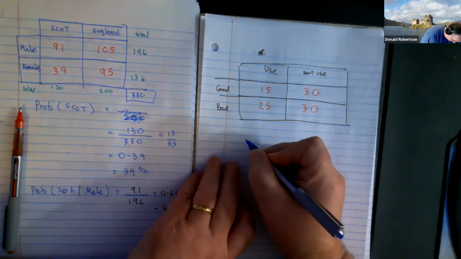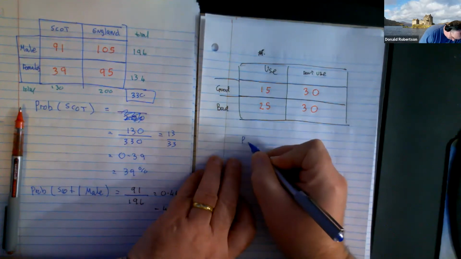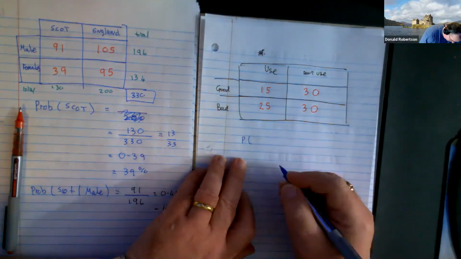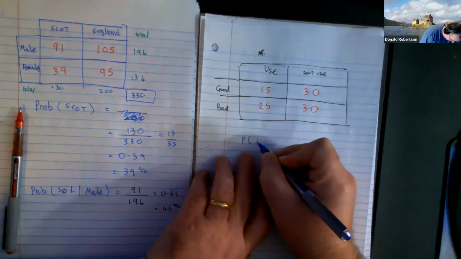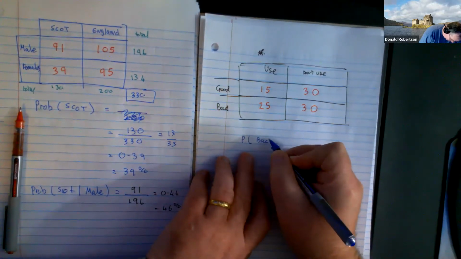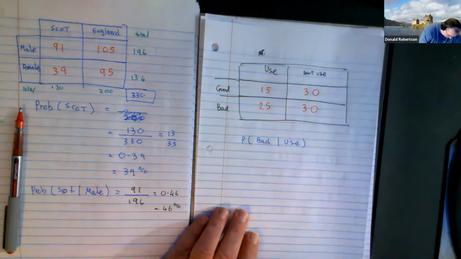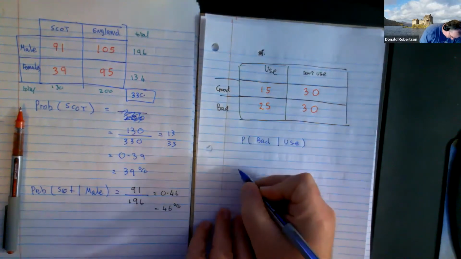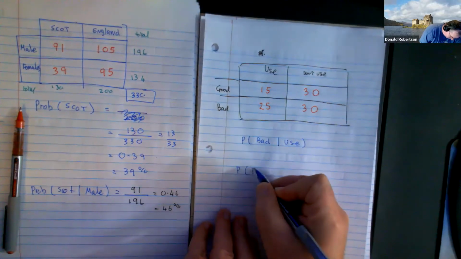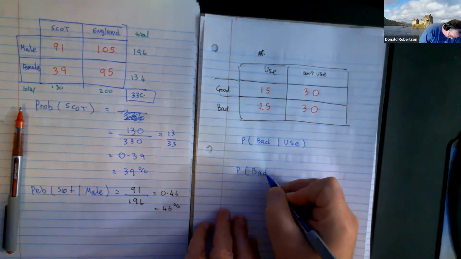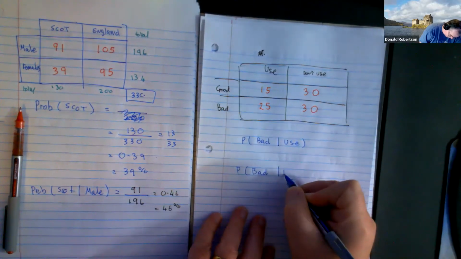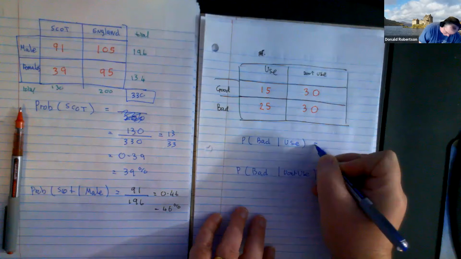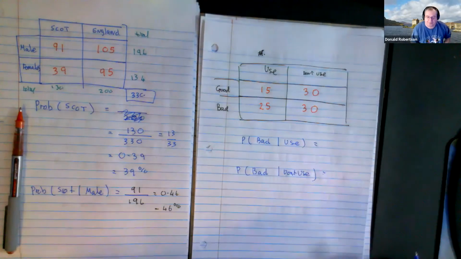So let's do that. The probability that you have bad health given that you use marijuana, and then we'll compare it to the probability that you have bad health given that you don't use marijuana. And by the way, these numbers are totally made up by me, right?